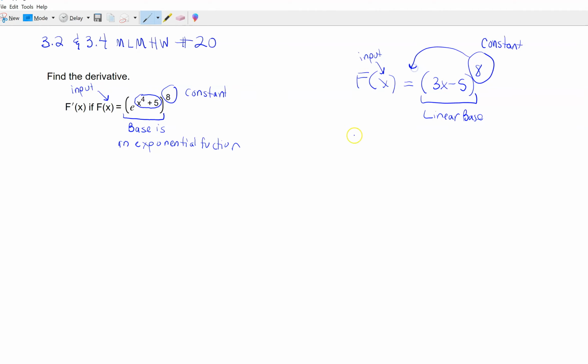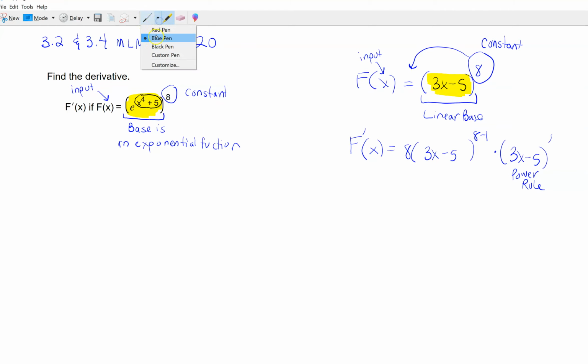You would drop the exponent down to the front, rewrite the base exactly like I see it, decrease the exponent by 1, and then tack on the derivative of the base. And the derivative of the base is linear, so it just uses the power rule. So the same thing is happening here, except your base is ugly. Instead of the base being this nice, pretty linear base, my base is exponential, but I'm still going to follow the power rule.